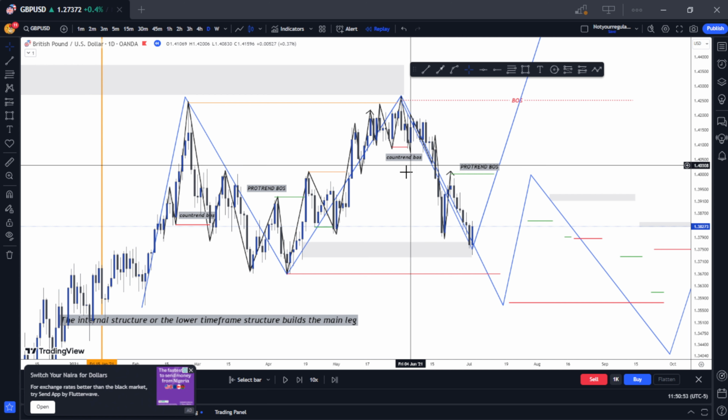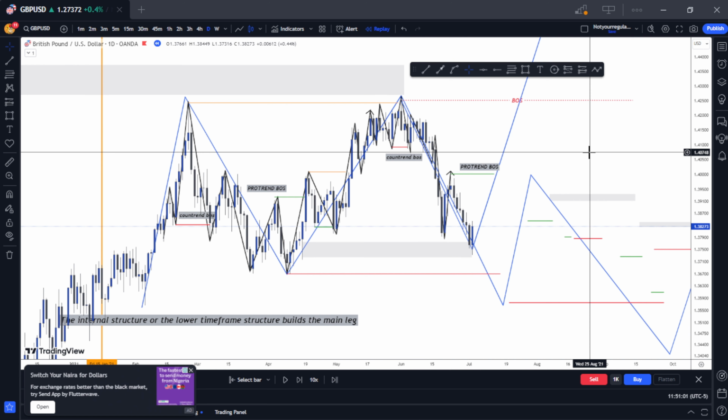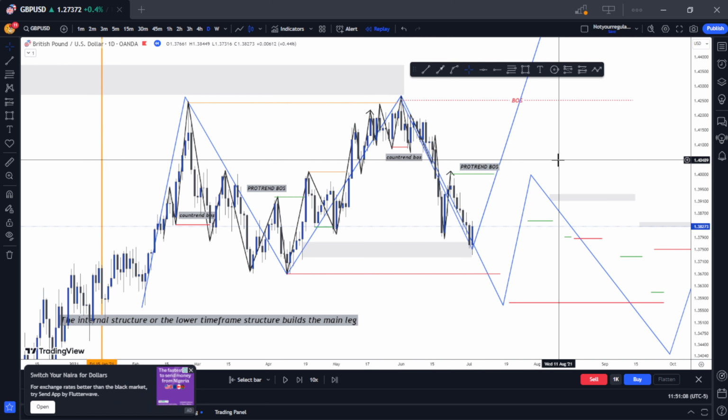So, with that being said, always build a narrative of price from the lower time frame to the higher time frame, and from the higher time frame to the lower time frame, to know truly what phase you are in, where price is, and where price is going.